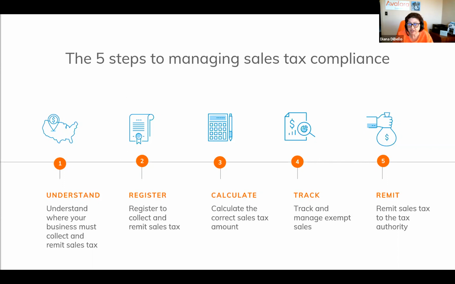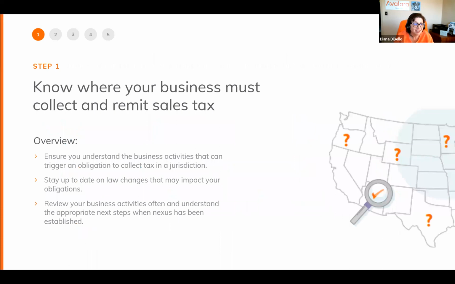Track and manage exempt sales. So if you are selling to resellers, then you need to manage those certificates that you would collect from them and remit the sales tax to the tax authority. Pretty simple, right? So let's go through each of these 5 steps in a little more detail to give you some background and some helpful hints on what you need to know.